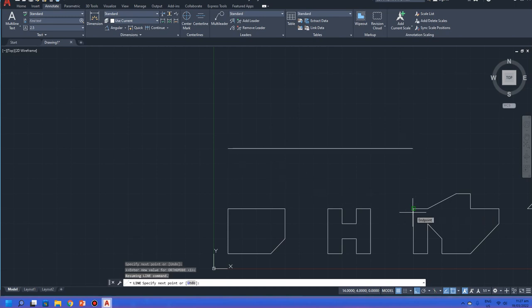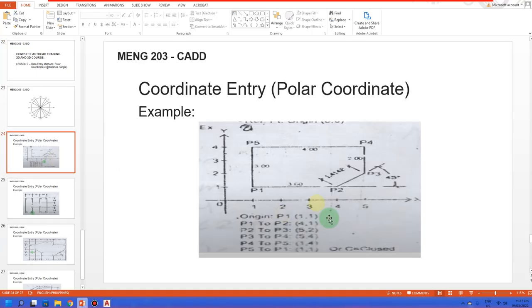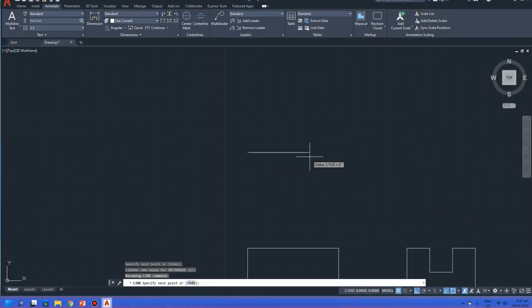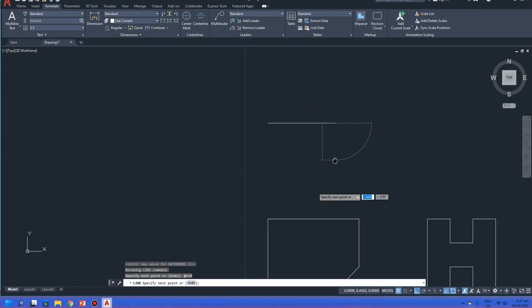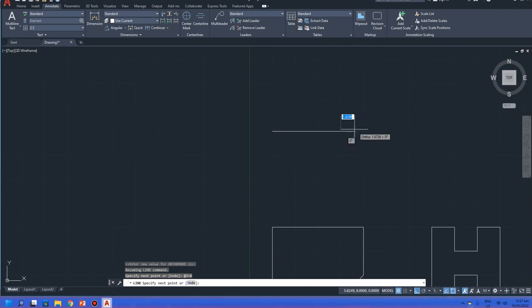Since it is 3 points, you have to type 3, and then the angle is 0 since there were no angles here. Just type 0, and then there's my first point and second point.